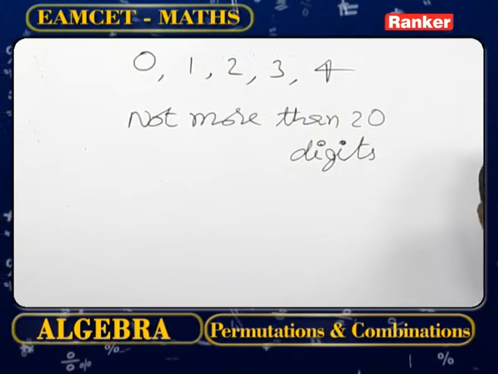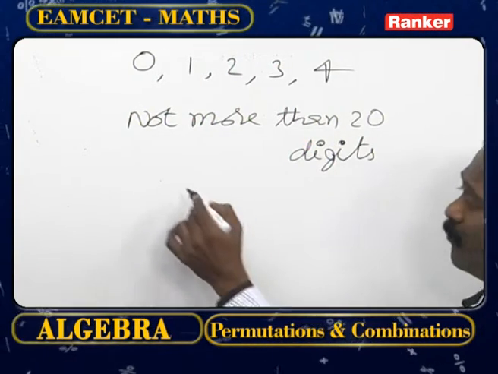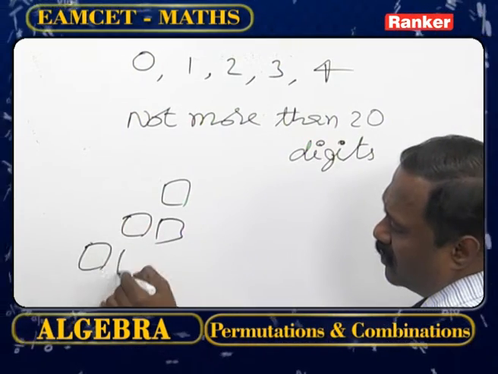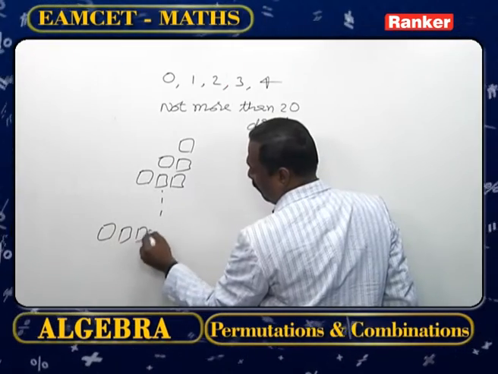Understand that. Not more than 20 digits means, just now I explained to you, it may be 1 digited, it may be 2 digited, it may be 3 digited, and so on. It may be 20 digited.